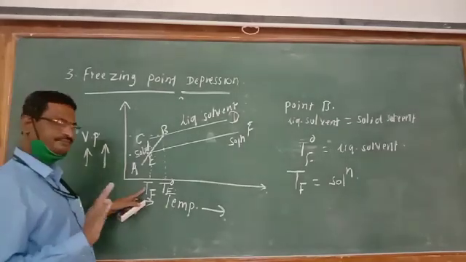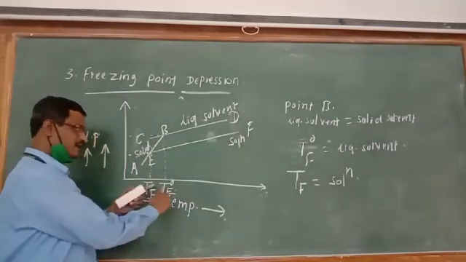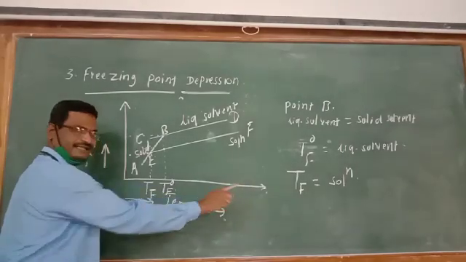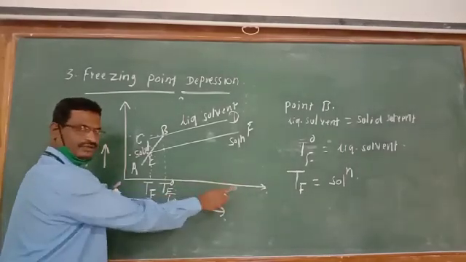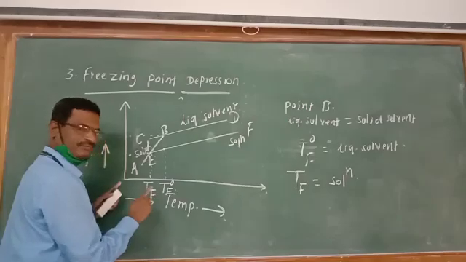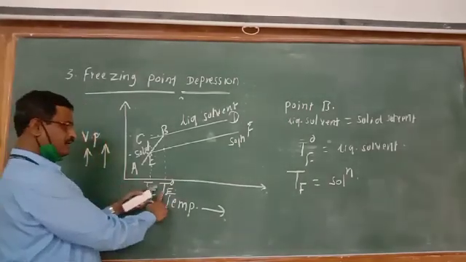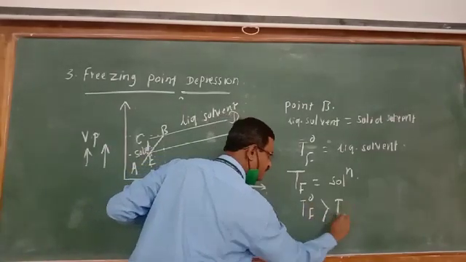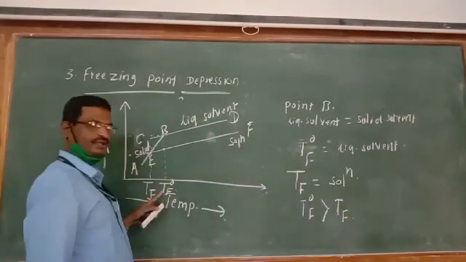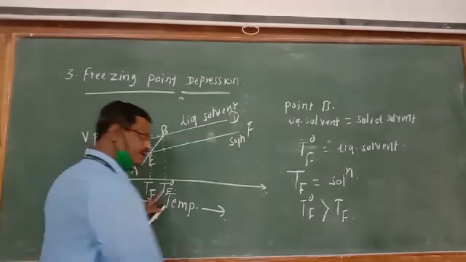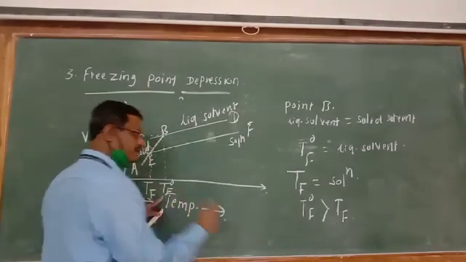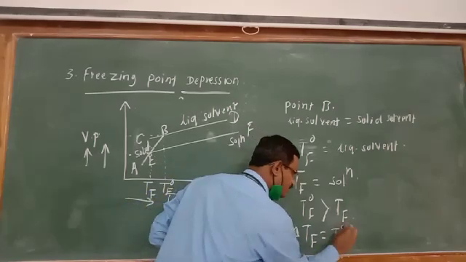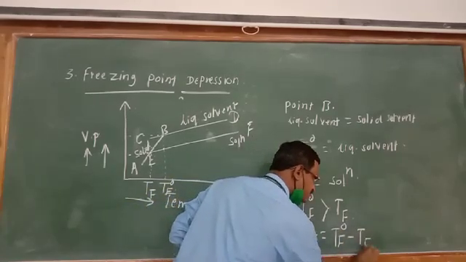And from this graph, it is clear that T0F is greater than TF. Temperature increases from left to right. So T0F is greater as compared with TF, and the difference between T0F and TF, delta TF, is equal to T0F minus TF.